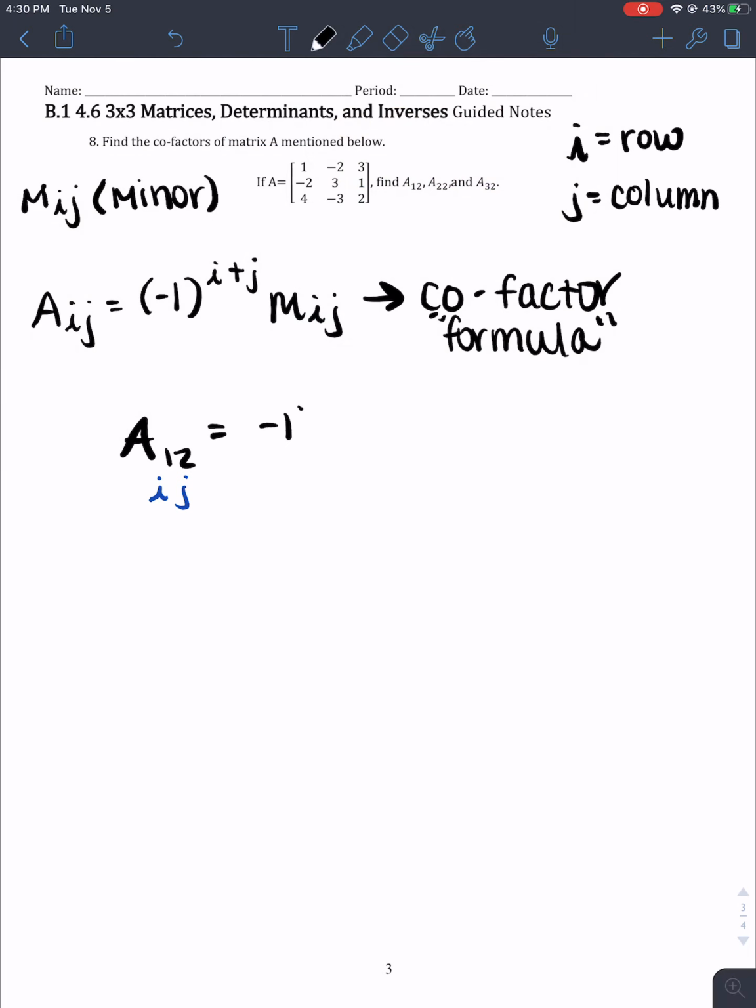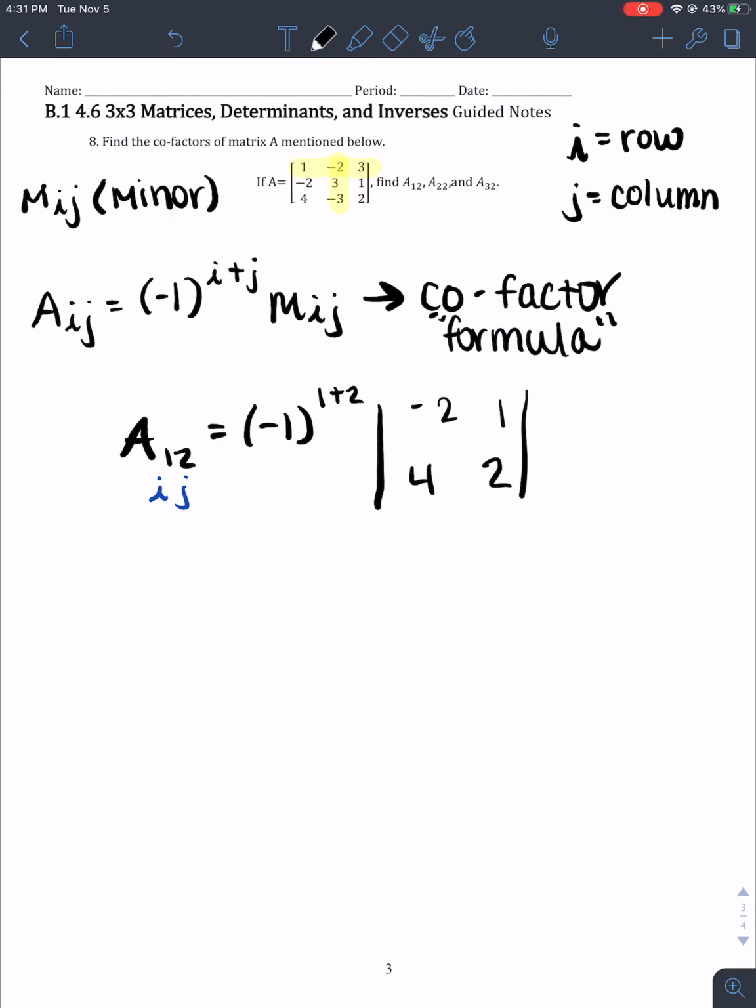So we have -1 to the 1 plus 2 power, and when we do this, you're going to get rid of row 1, and you're going to get rid of column 2, like we did up there. So because of row 1 and column 2, we are going to use -2, 1, 4, and 2 to find our determinant. So we are going to continue with this.